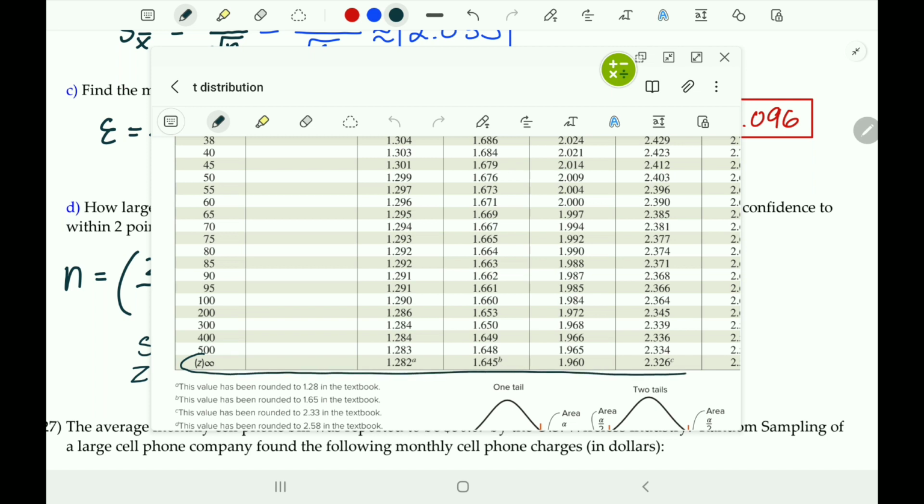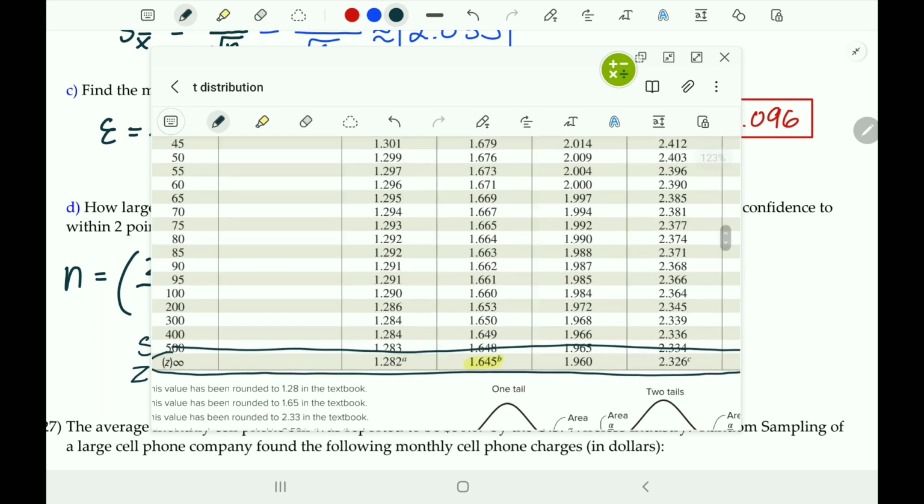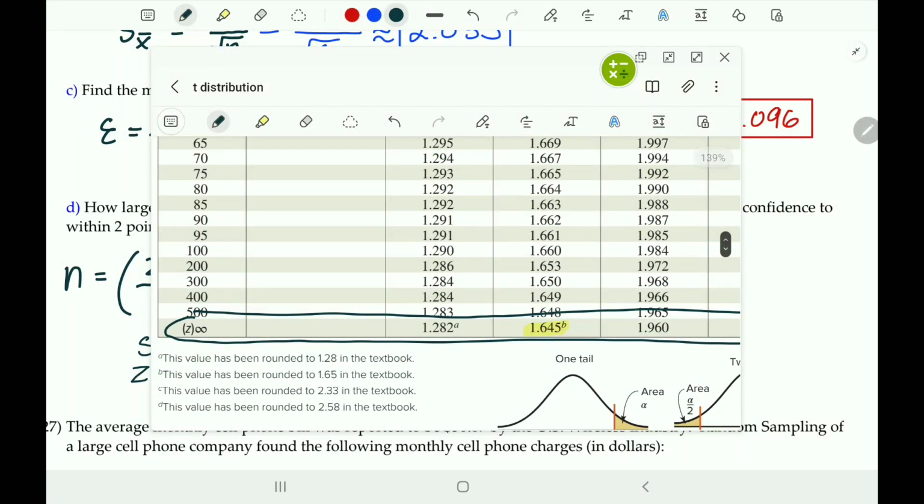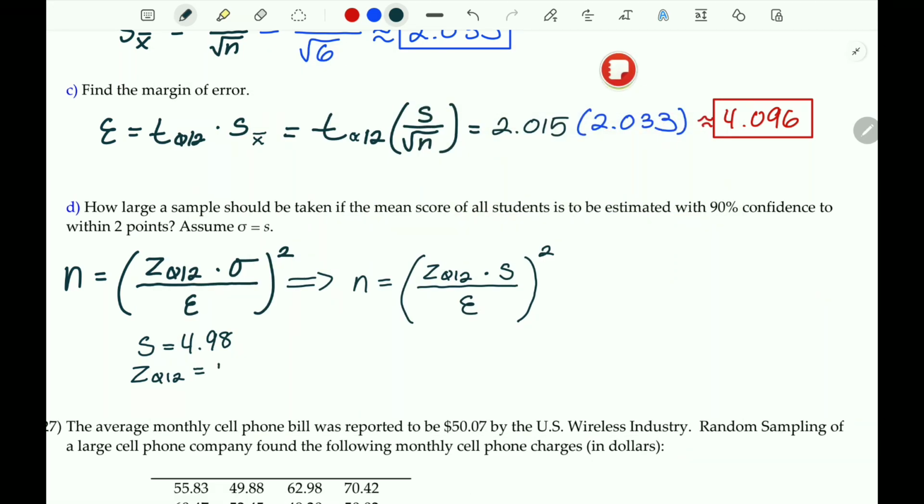And down here is where all the z critical values are located. We see this value here of 1.645 for the 90% z critical value. However, this b right here can be related to this footnote, which says this value has been rounded to 1.65 in the textbook. And that's the value that we're going to use, 1.65 for the z critical value.